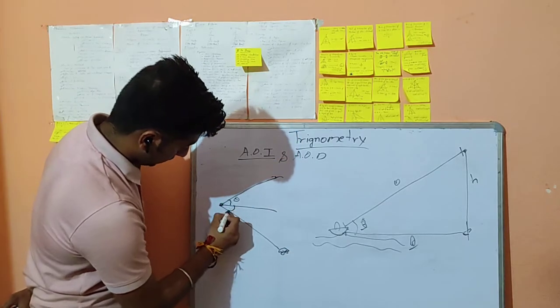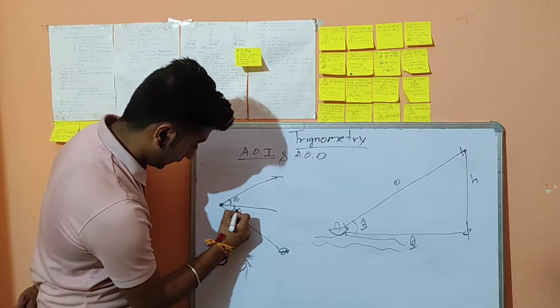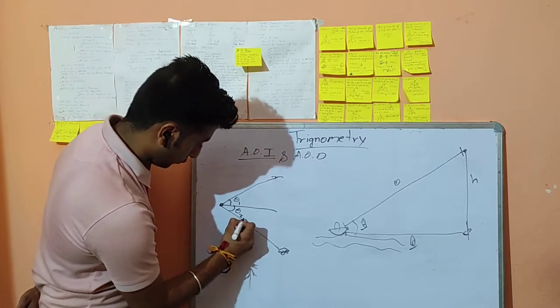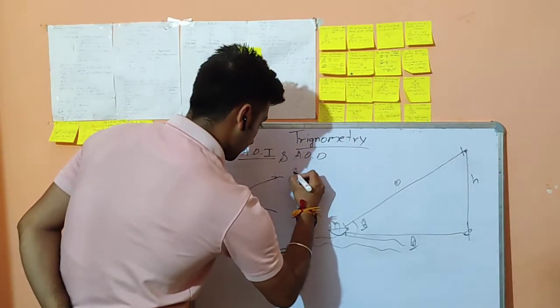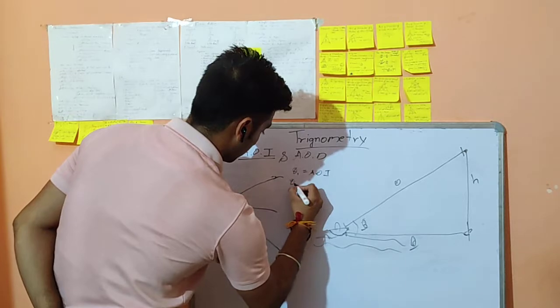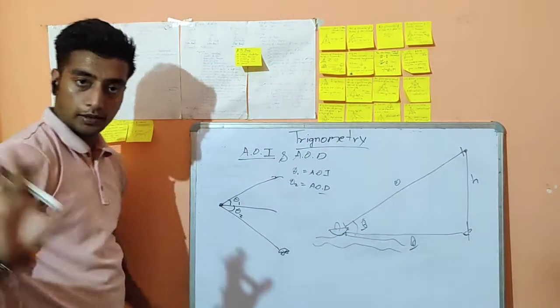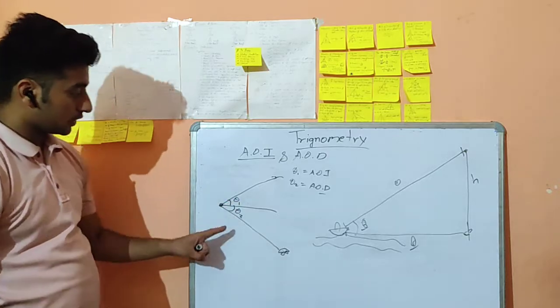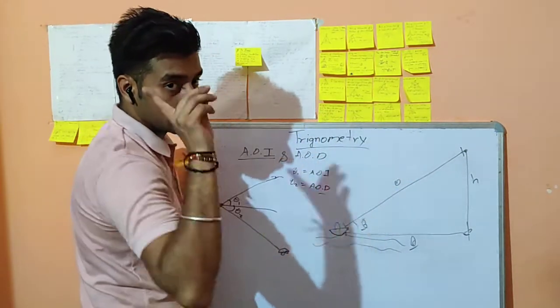So this angle made by your eyesight and the horizontal is again theta, that is theta 1 and theta 2. Theta 1 here is angle of inclination. Theta 2 here is angle of declination. Clear? Angle of inclination, angle of declination.